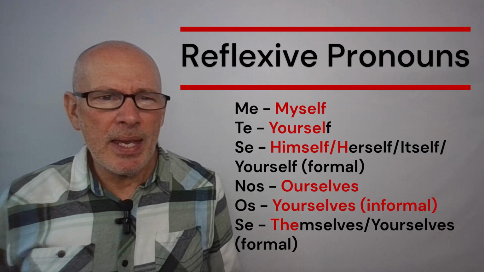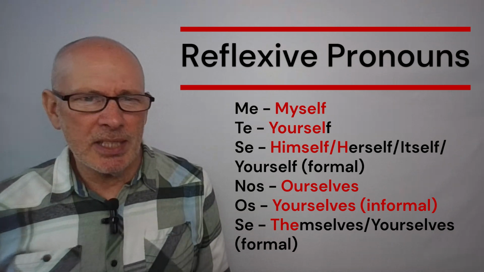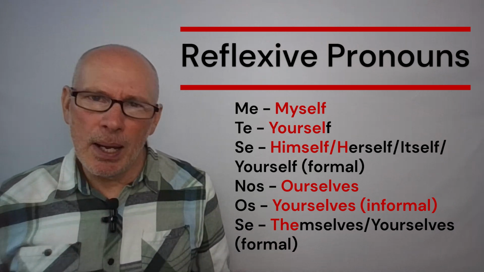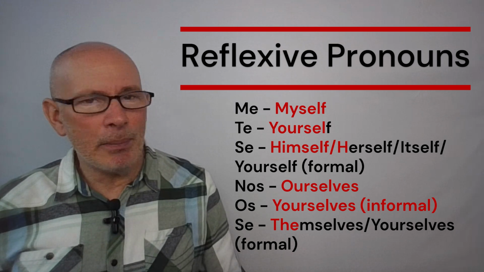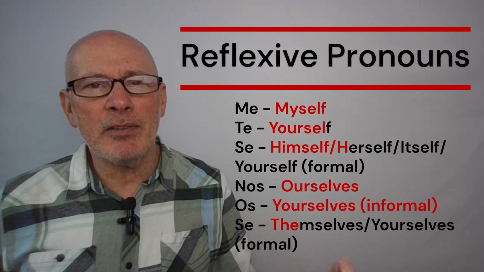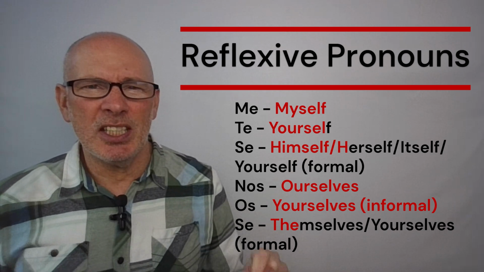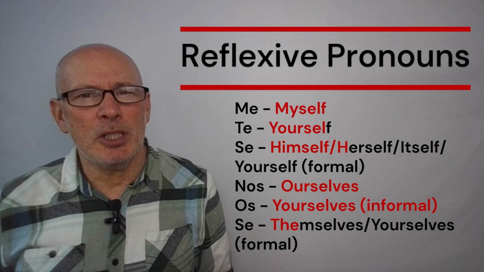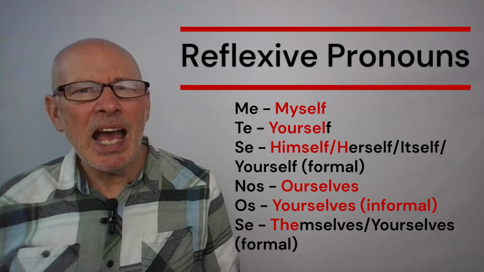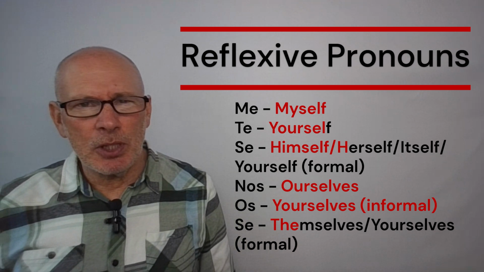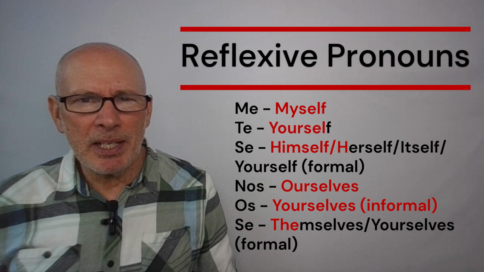We have me, meaning myself, te, meaning yourself, se can mean himself, it can mean herself, it can mean itself, or it can mean yourself in the formal usted sense. So this is where se becomes very confusing sometimes in Spanish. Again, have a look out for a video on the uses of se in the Spanish language because there are many, many of them.